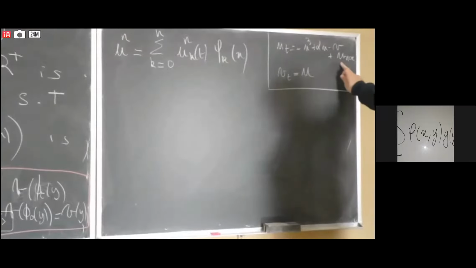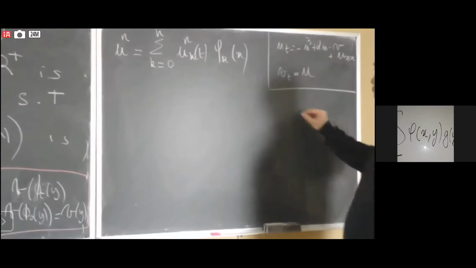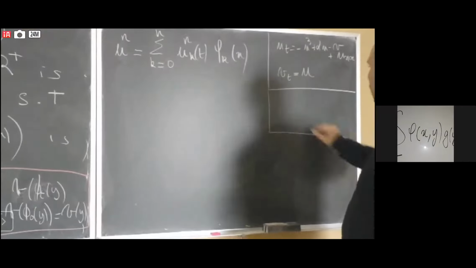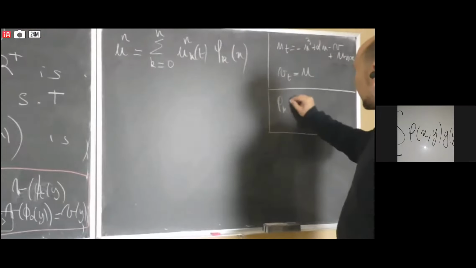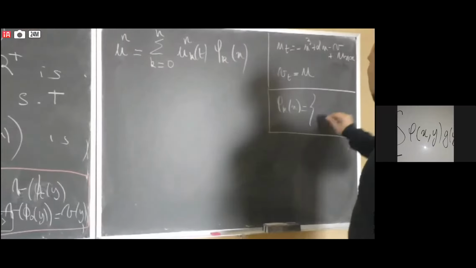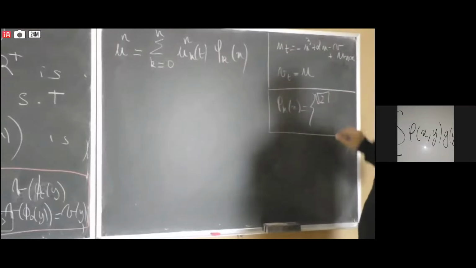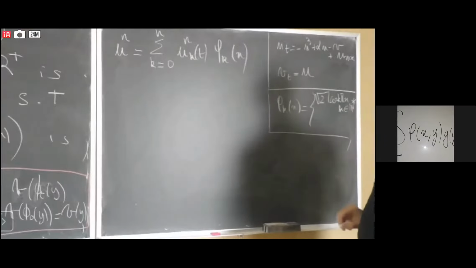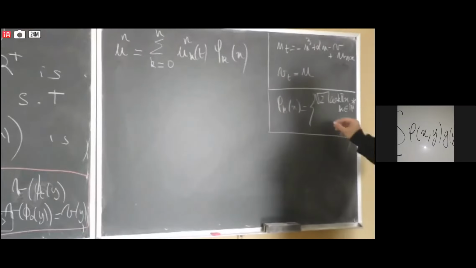the eigenfunctions of u_xx, and here you know that you can write phi_k of x equals square root of 2 cosine if k is greater than 0, and equals 1 if k equals 0. And the same for v.